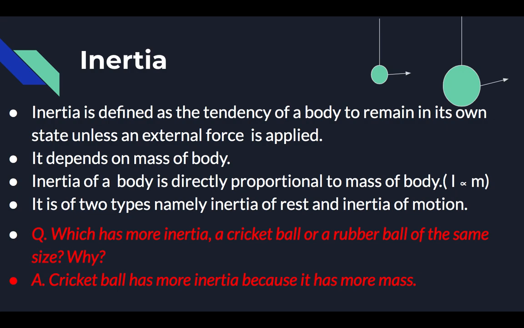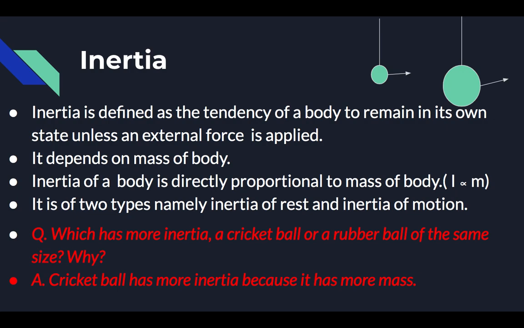And if the body is in motion, then that body has a tendency to always be in motion. Example, if you check in space, all the heavenly bodies are in motion. So they always remain in motion. And this kind of property of the body is called inertia.